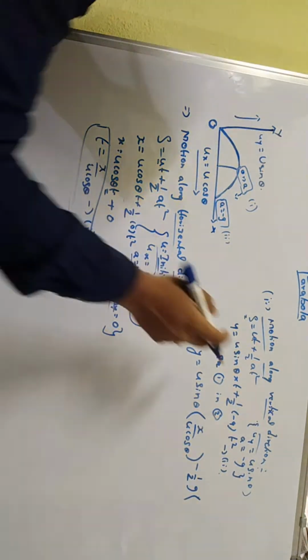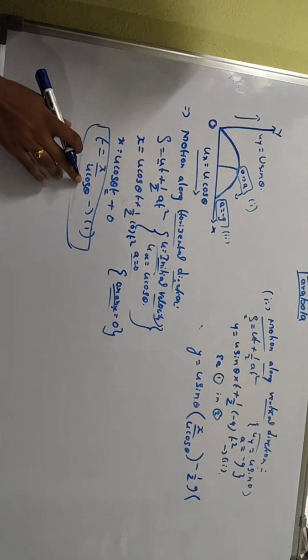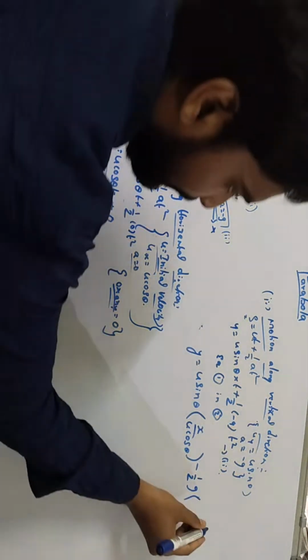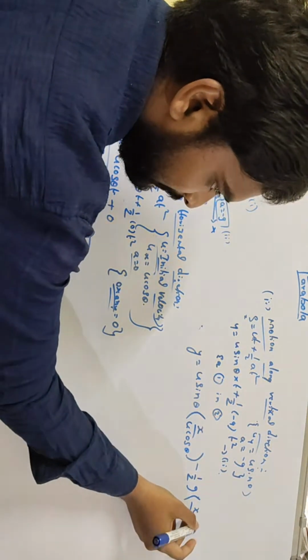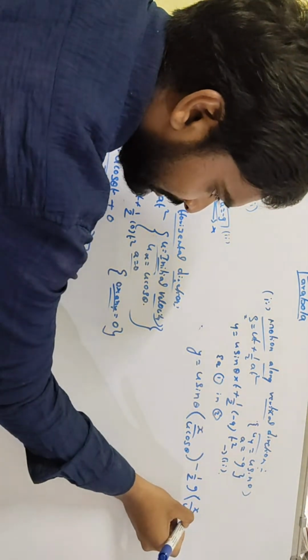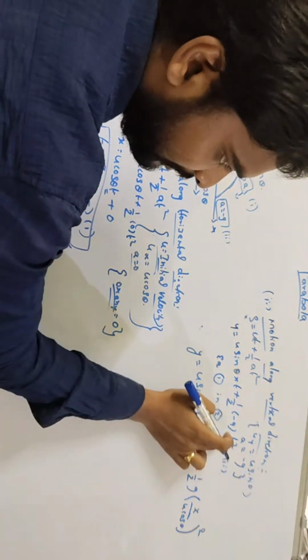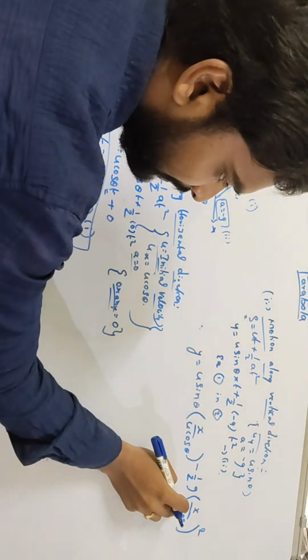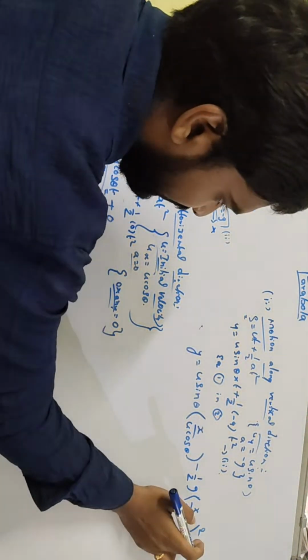In the place of t we already know the value, t is equal to x by u cos theta. Now as it is we are going to replace t with x by u cos theta, squared. Why? Because for t square, in the place of t we replace x by u cos theta, and the square is as usual.